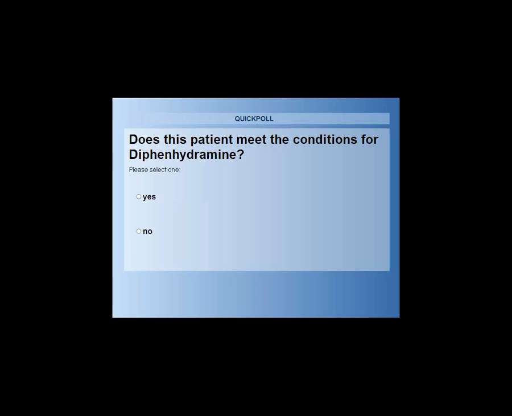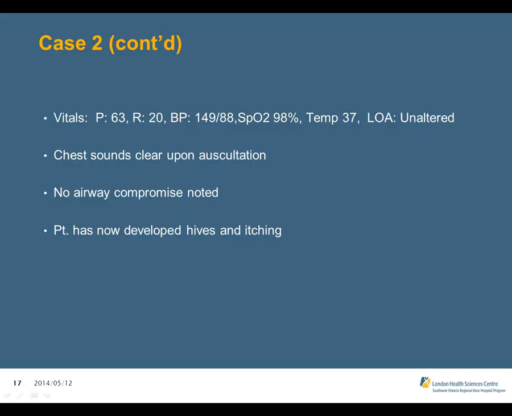So if a patient is less than 25 kilograms, the general consensus is not to patch for an order for diphenhydramine or Benadryl. Reason being, again, it's very rare to have severe allergic reactions in patients that are very small.